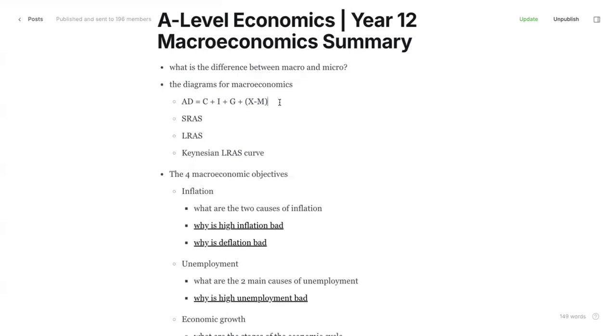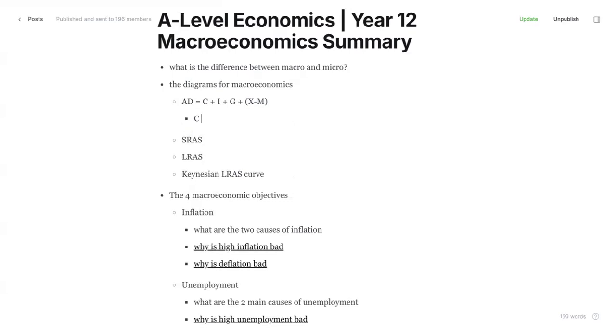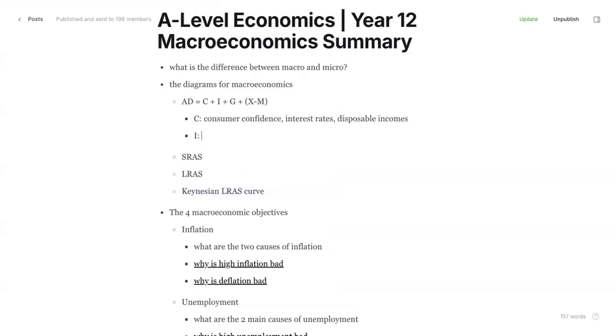I would also try and know what affects each of those things. So for example, for C, it's logical, it's common sense, so you don't have to force yourself to memorize it word for word, but just try and remember it's consumer confidence, interest rates, and disposable incomes, and also some other things, but especially these three that will impact it. Business spending, the investment, will be affected by interest rates as well, and also by business confidence.